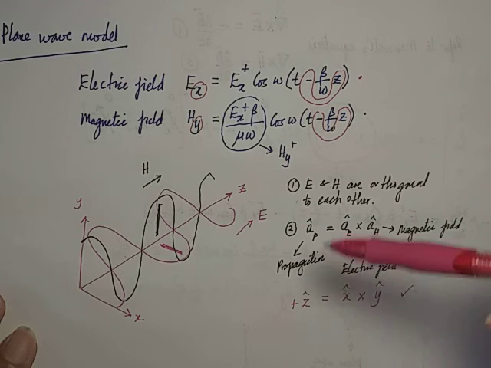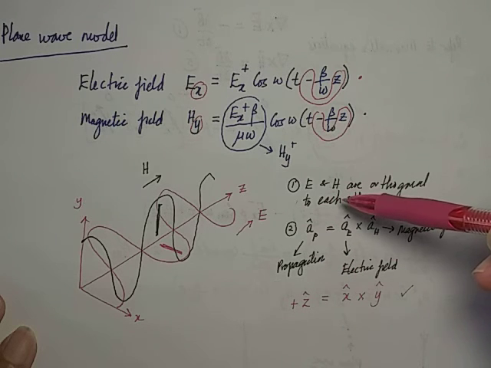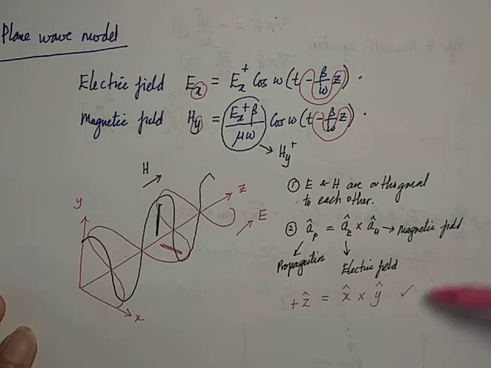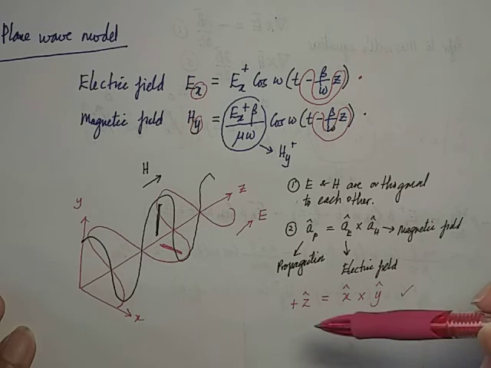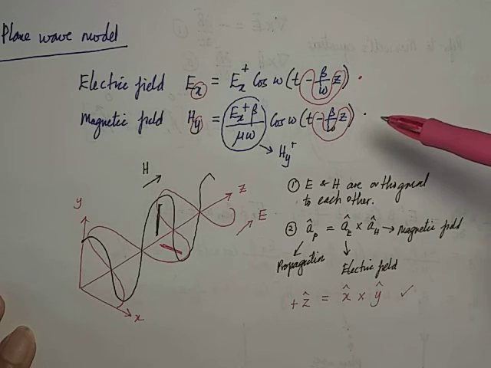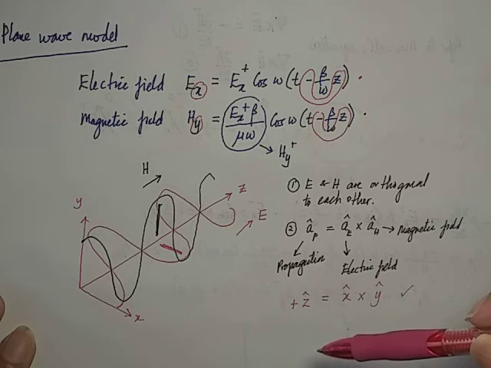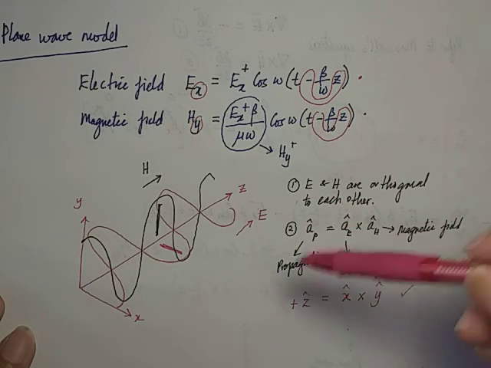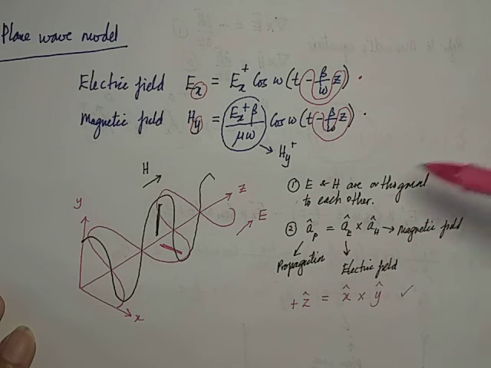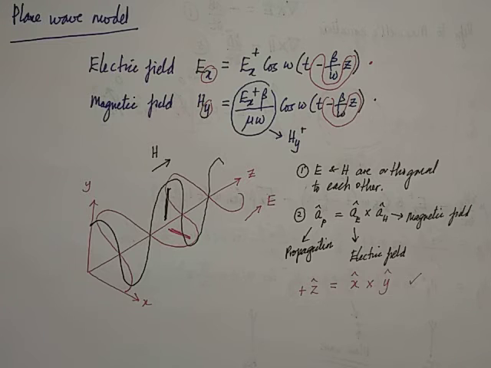By knowing the electric field, you can find the magnetic field by using these special characteristics. So you can utilize two methods to find the corresponding field in wave propagation, either by directly using the wave equation or by using the special behavior of the plane wave model that we are defining here.